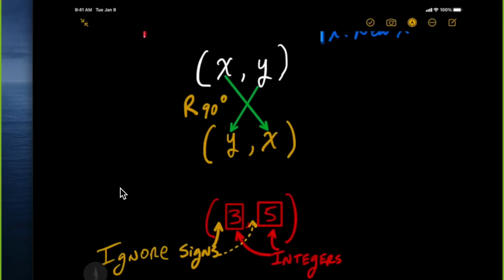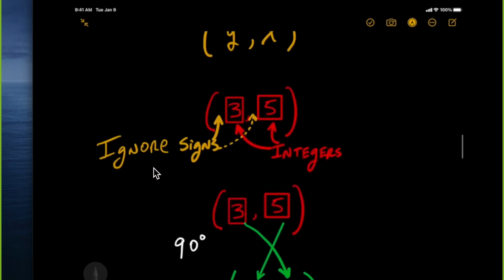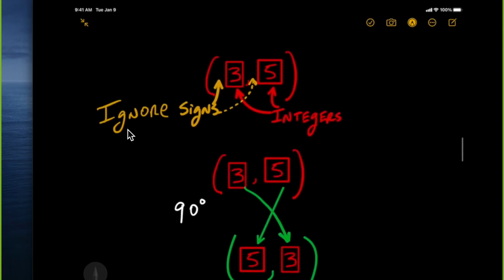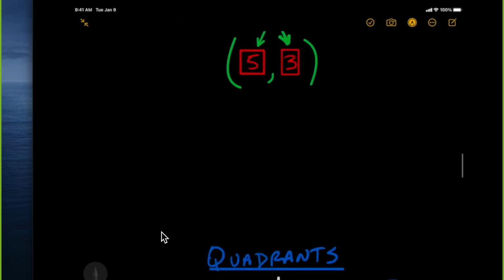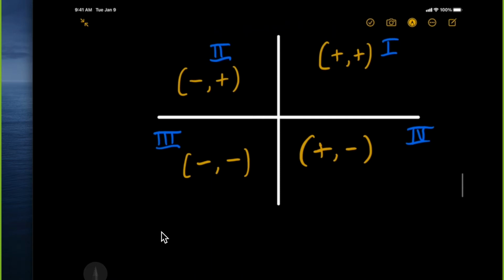Okay, so to review, if you're dealing with a 90-degree rotation, these values flip. Folks, I want you to ignore the signs in the beginning. Just look at the integers and flip them. Then, when we determine what quadrant you end up in, we apply the signs of the quadrant.